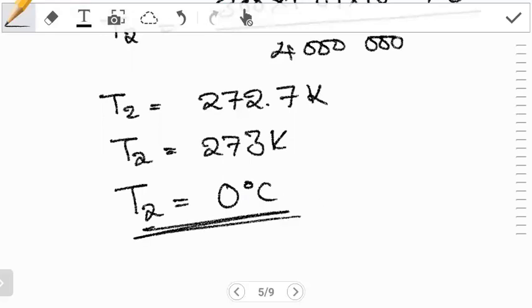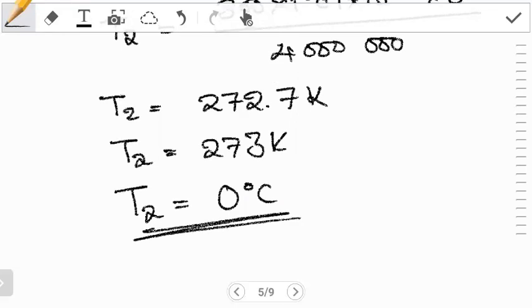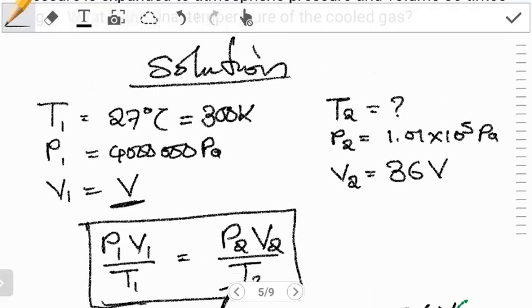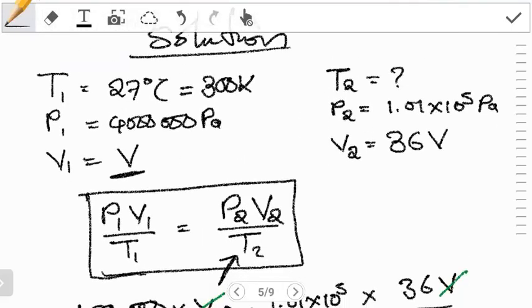So this is the temperature that they wanted us to find. So we're able to cool this gas from some initial temperature of 27 degrees Celsius to 0 degrees Celsius just by expanding the gas. The gas was expanded from V to 36 times the initial volume.